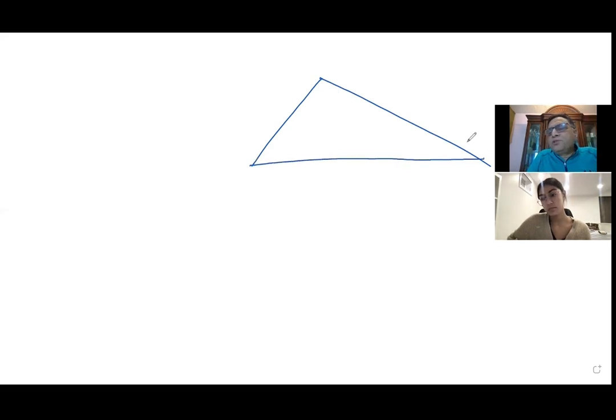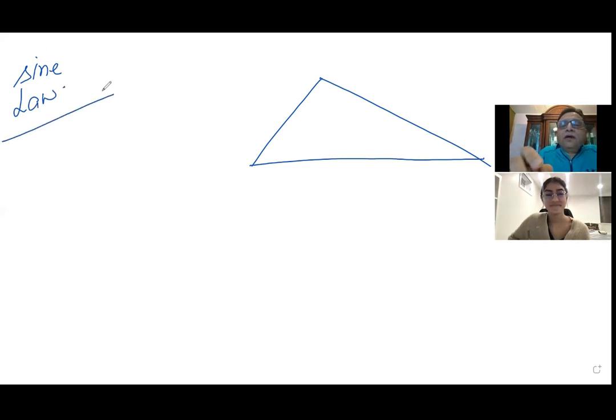One of the most important examples which we come across in sine law is the ambiguous case. I find some students getting confused about it. So we had all this, right? A, B, C, and then this is D, which is the perpendicular.